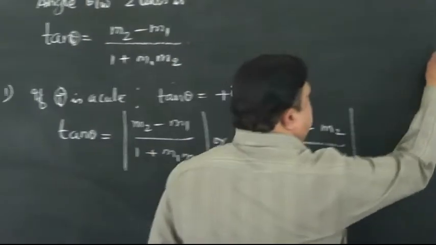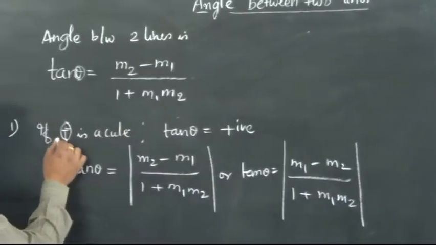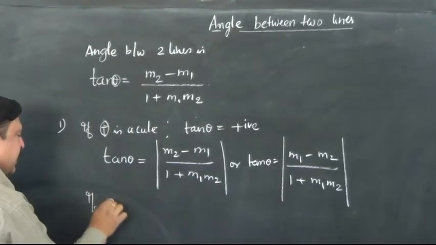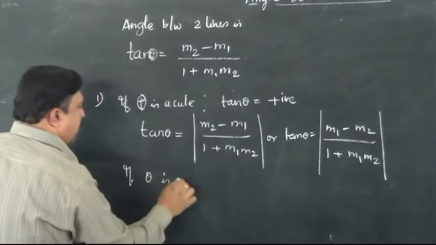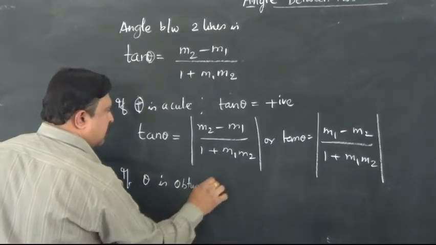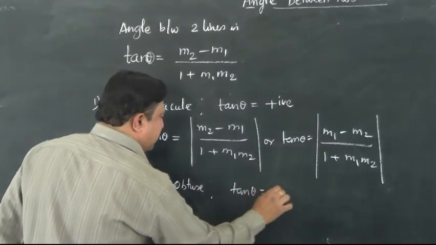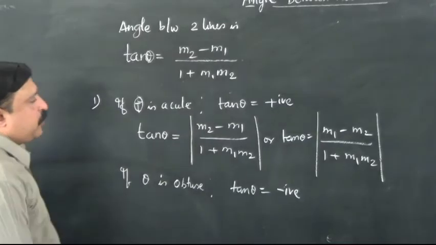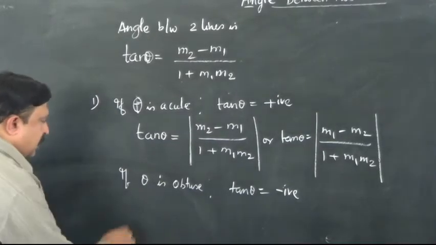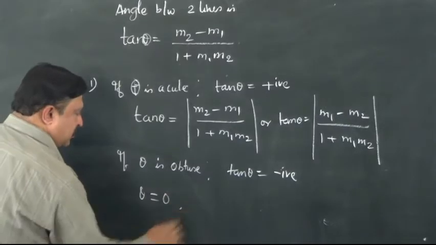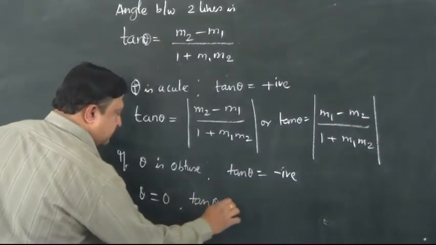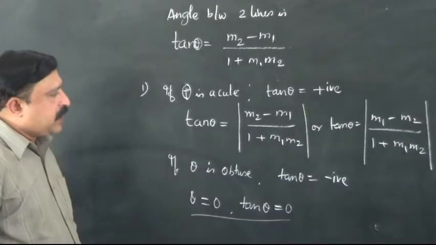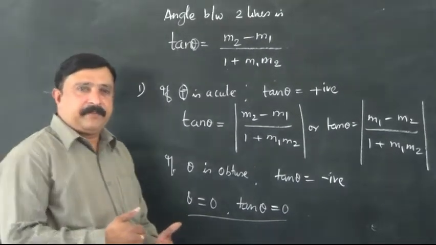If theta is acute, then tan theta is positive. If theta is obtuse, then tan theta is negative. The expression m2 minus m1 divided by 1 plus m1 m2 becomes negative. And if theta is 0, then tan theta is also 0. You know that the lines do not have any angle between them.